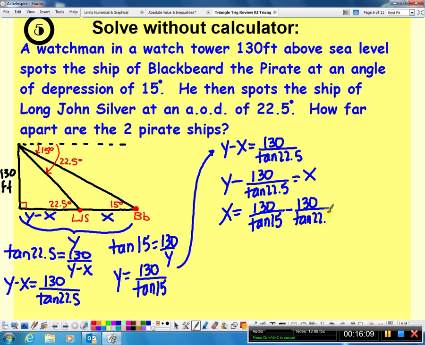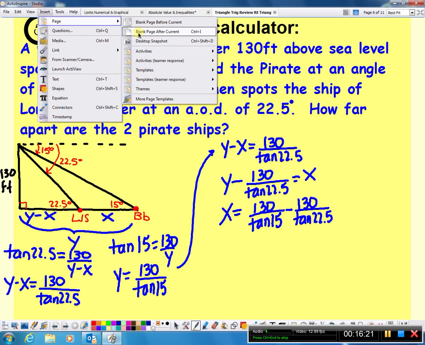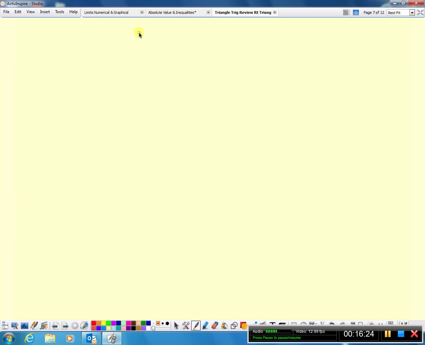If I'm supposed to do this without a calculator, what I need to do is calculate tangent 22.5 and tangent 15. So let's do tangent 15 first. Tangent's always easier to do with your half angle formulas. So tangent of 1/2 theta is 1 minus cosine theta over sine theta.